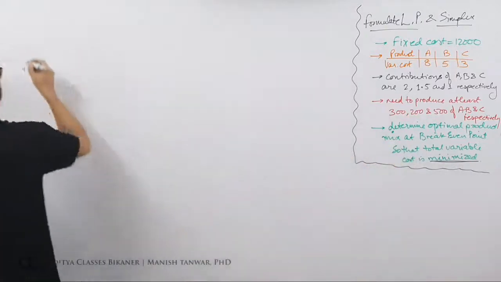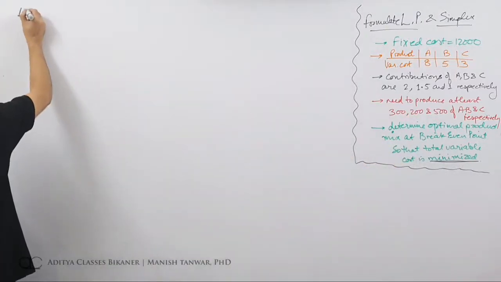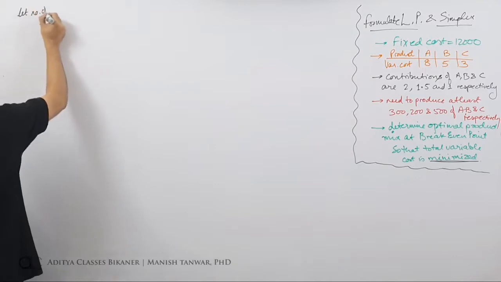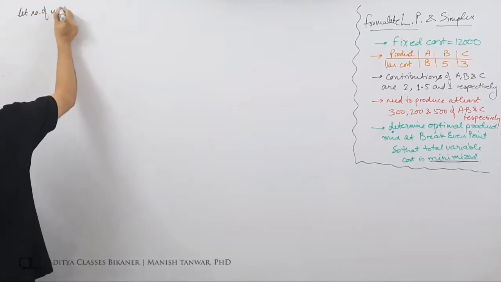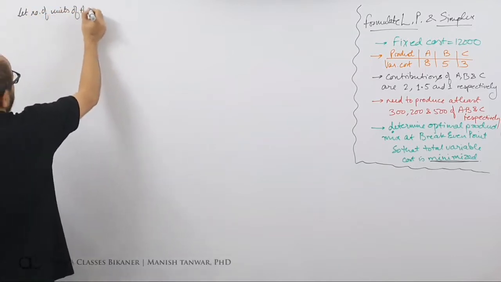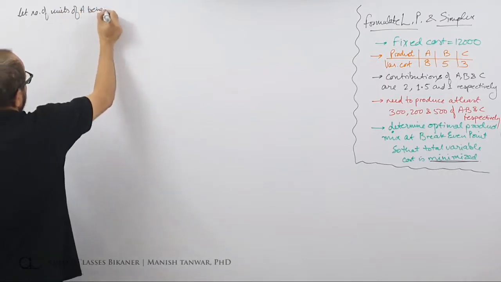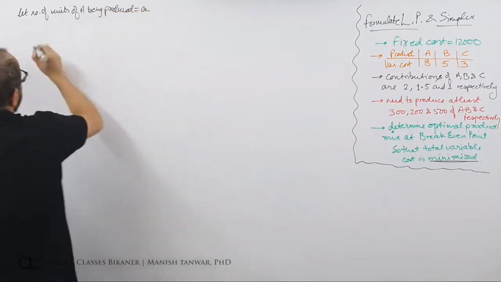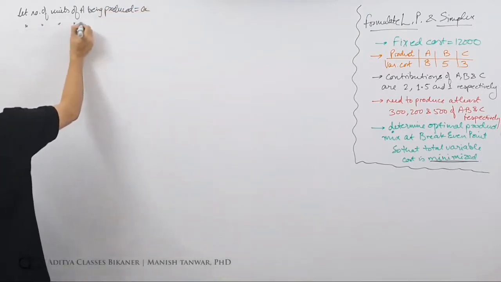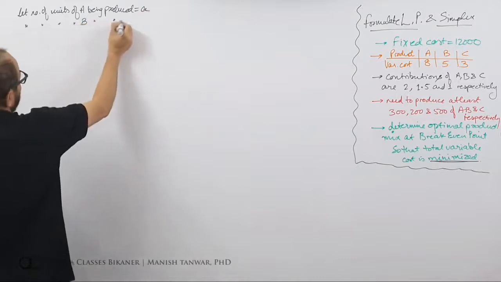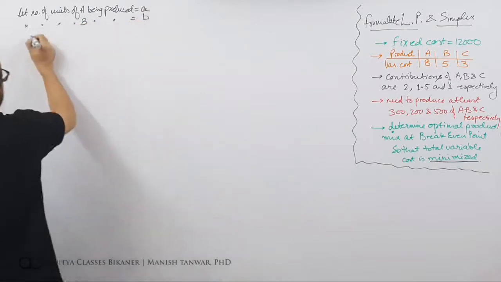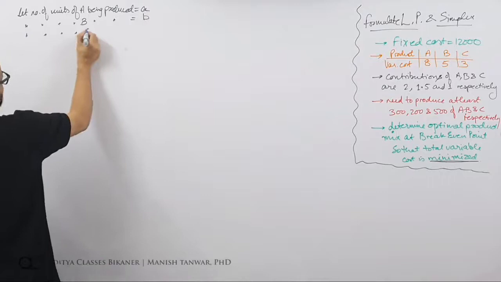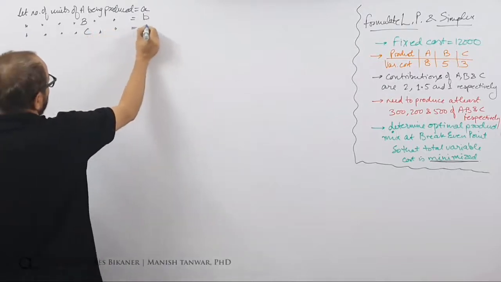So, for formulation, let the number of units of A being produced be equal to A. Let the number of units of B being produced be equal to B. Let the number of units of C being produced be equal to small c.